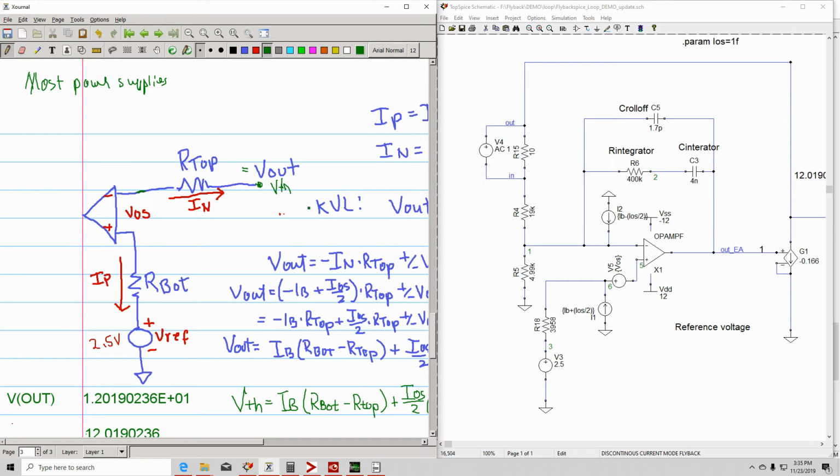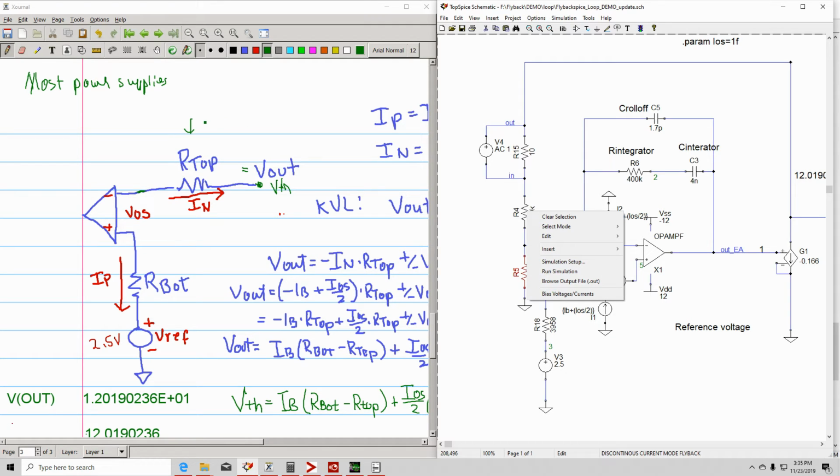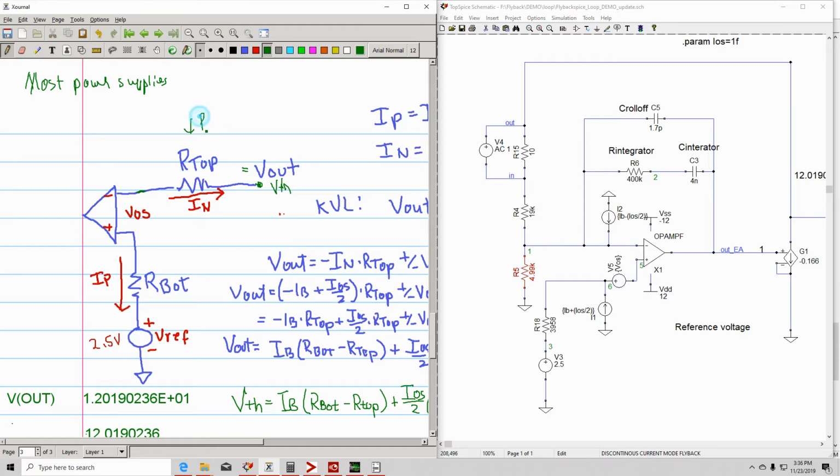To simplify it into this form, we do a Thevenin of these two resistors. This resistor in parallel with this resistor will be this R top. So the R Thevenin is equal to 19K in parallel with the 4.99K, and that combination is actually 3958 ohms.